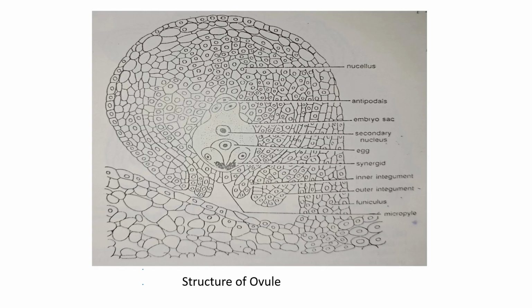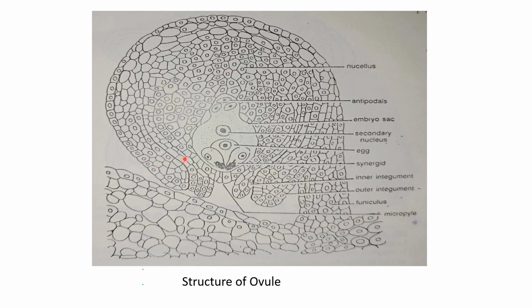This is the structure of the ovule, having this basal stalk known as funicle or funiculus. Then this region of the ovule which joins the stalk or funicle with the body of the ovule is the hilum. Then the body of the ovule has the outermost protective coverings called integuments.